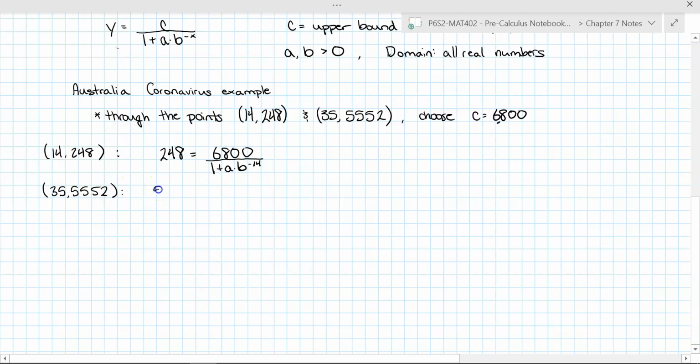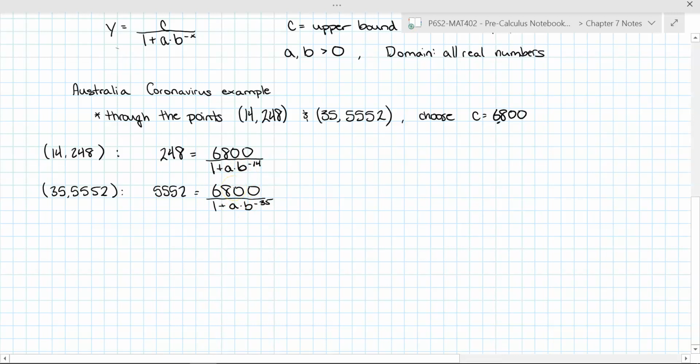So my Y value, the 5552, equals C over 1 plus A times B to the negative X, in this case 35. So we need to do some algebra, some mathematical manipulation to get rid of an A and a B.